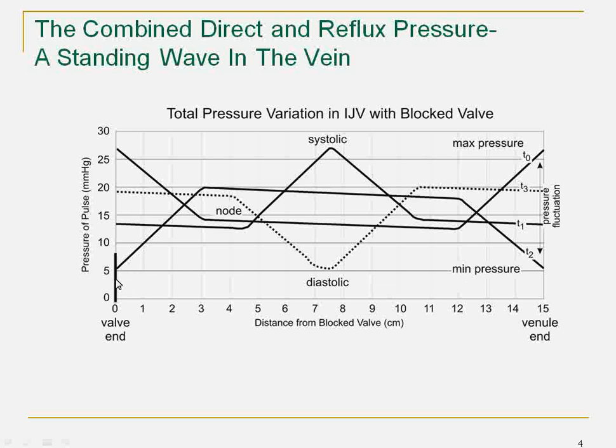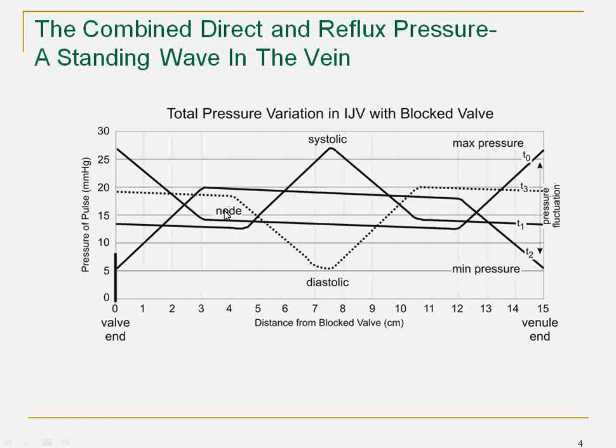At the blockage at the valve end, and the valve is the valve that separates the bottom end of the internal jugular vein from the next larger vein into which it flows, at that point, there will be large excursions in the pressure, and there will be large excursions in the pressure at the one wavelength distance away, and also at the half wavelength distance away.